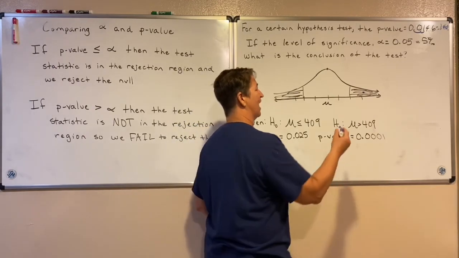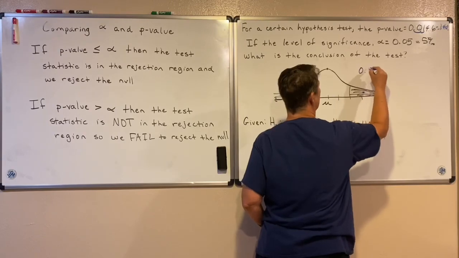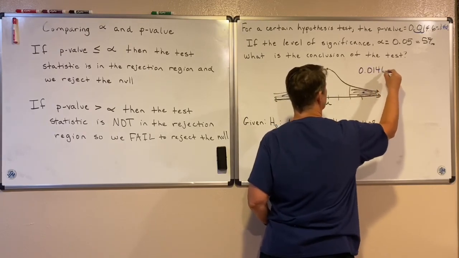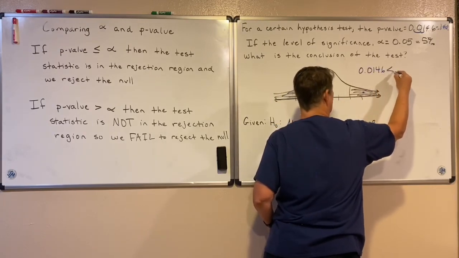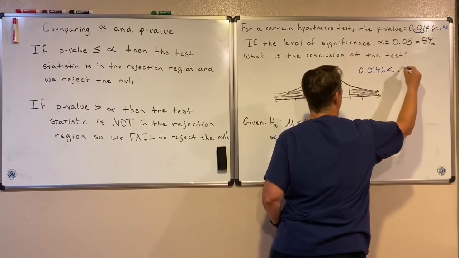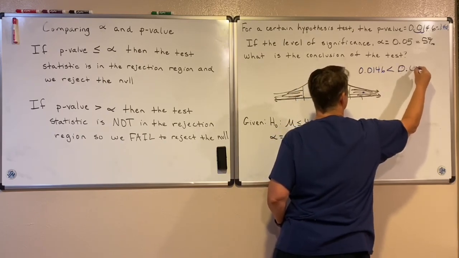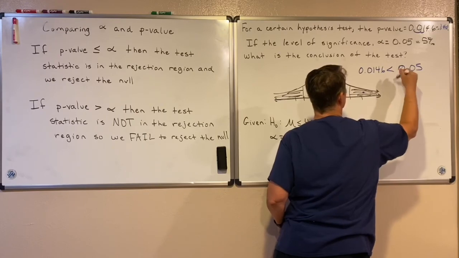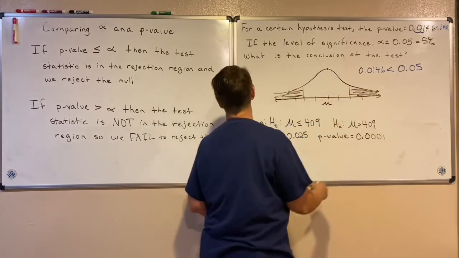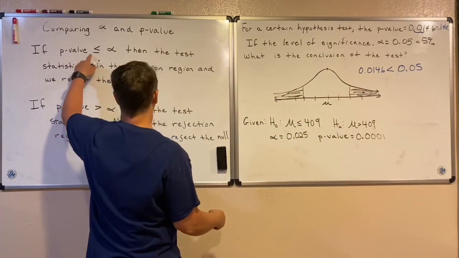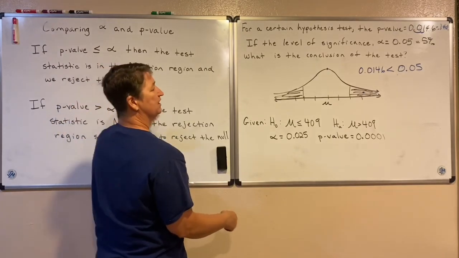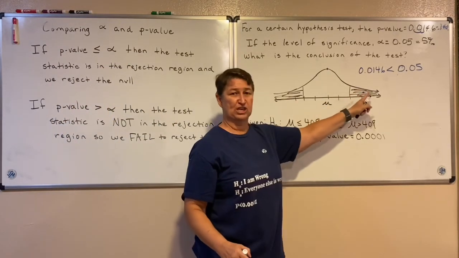My p-value here, 0.0146, is less than 0.05. That's smaller. And when my p-value is smaller than the level of significance, it tells me that it falls in the rejection region.